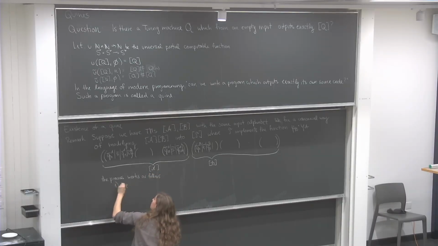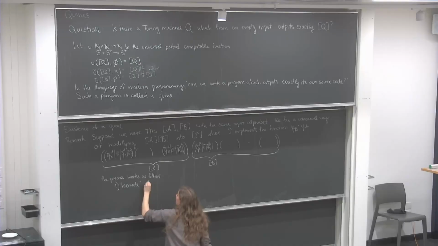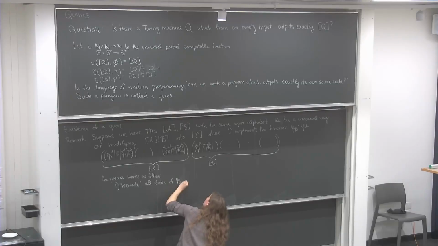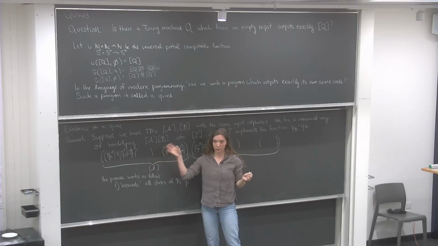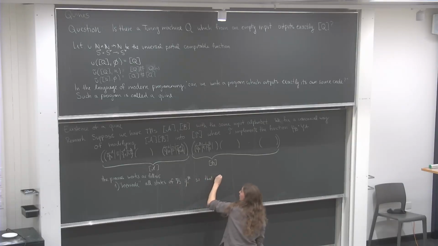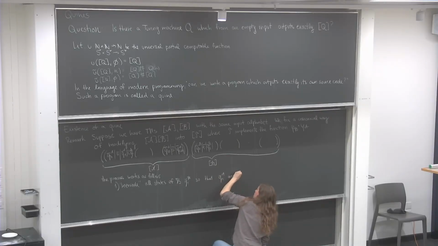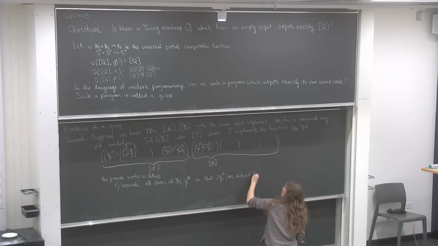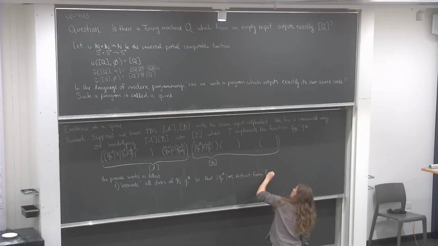Let's say we re-encode all states of B, so they don't collide with any representation of a state of A, so we can just distinguish them apart. So that Q_i^A and Q_j^B are distinct.